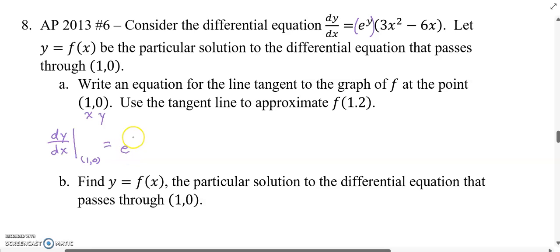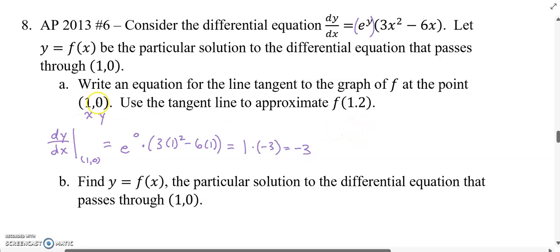We raise e to the y, and then we multiply that by 3x squared minus 6x. And since we know that y equals 0 and x equals 1, then we can evaluate this. e to the 0 is 1, and 3 minus 6 is -3, and therefore we get a slope of -3.